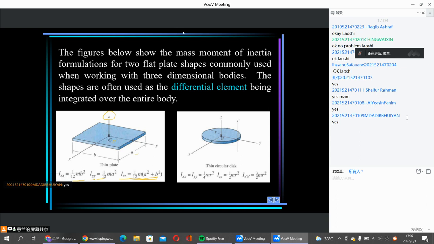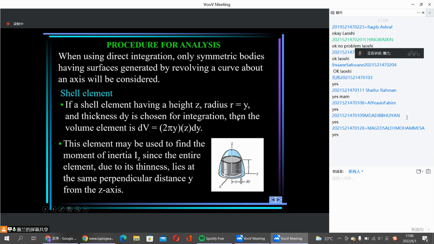Okay, so the differential element, how to choose the differential element is quite important. So let's see how to choose, just like the shell element.